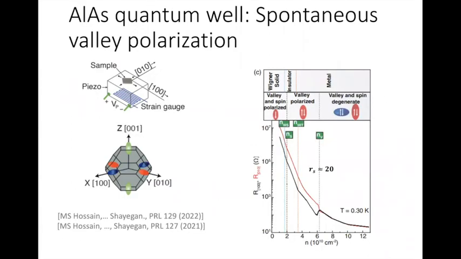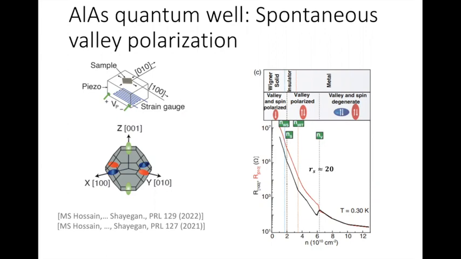Moreover, recently in Shayegan's group, it was discovered that around rs of 20, the system actually breaks the valley symmetry spontaneously. They believe it's fully valley polarized. This is a measurement using a piezoelectric substrate.